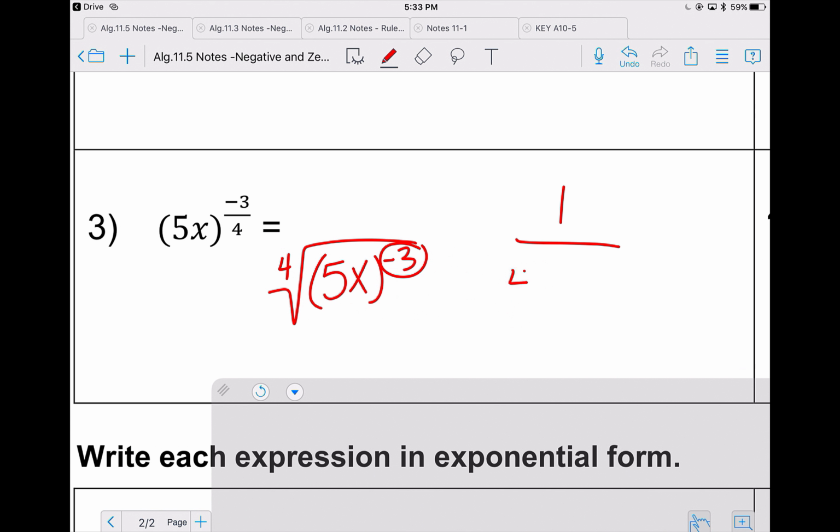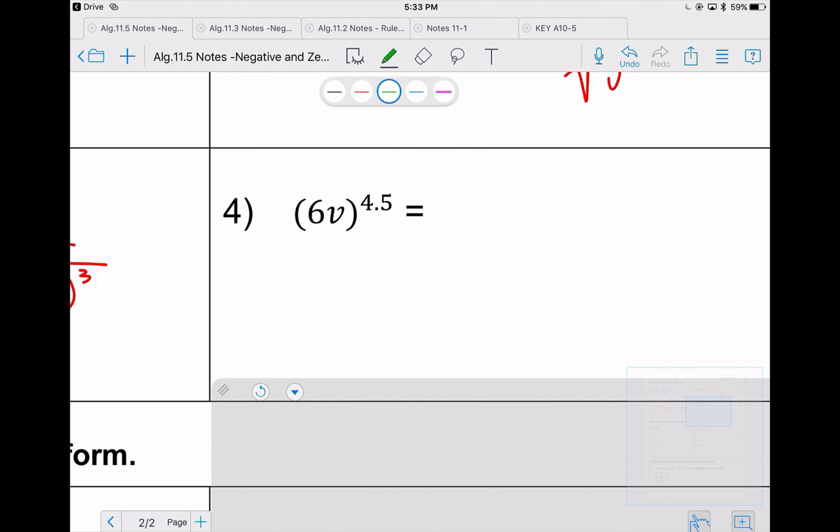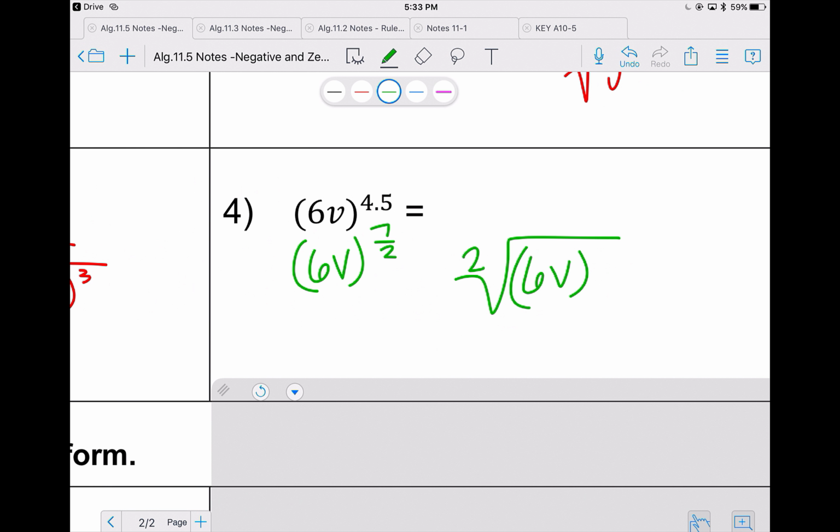So if you move the whole thing down to the bottom, that would get rid of your negative. And then for problem 4, this is 6v to the 7/2. So 2 goes on the outside, 6v to the 7th goes on the inside.